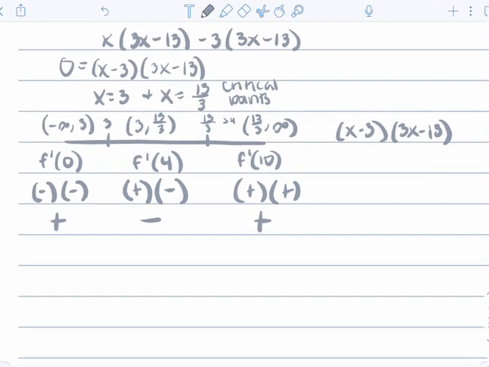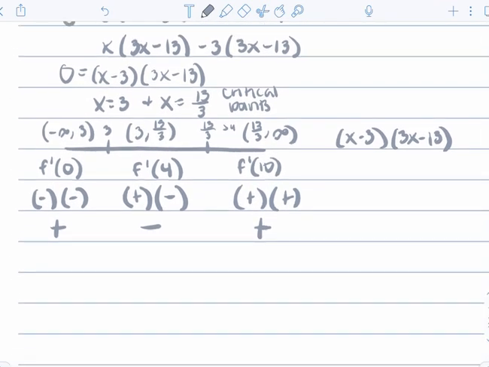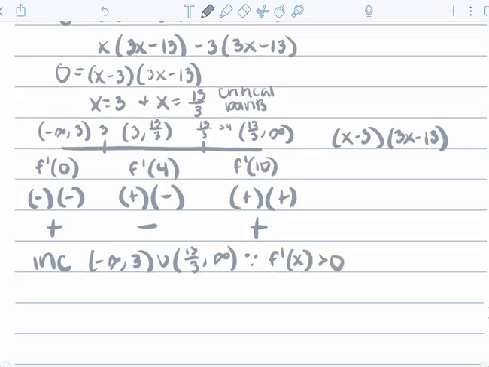So we can prove that it is increasing at these intervals and decreasing at this interval. So increasing from negative infinity to 3 and 13 over 3 to infinity, because the first derivative of x is greater than 0.